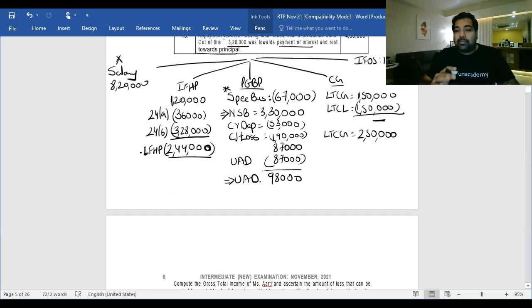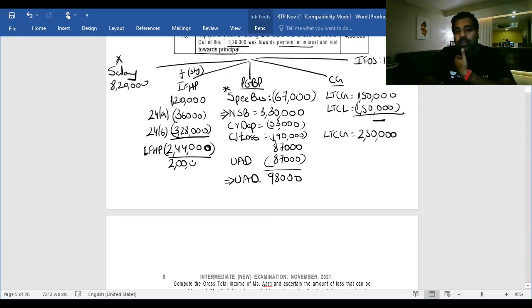Loss from house property can be set off against any head except, guys, casual income. So you can go to any head, but right now we have salary, so I'm going to minus it from salary. But you can only and only go for maximum 2 lakhs of set off. That's why my shortcut says this is a friendly head, but it is shy. Why shy? Because it can only take 2 lakhs.